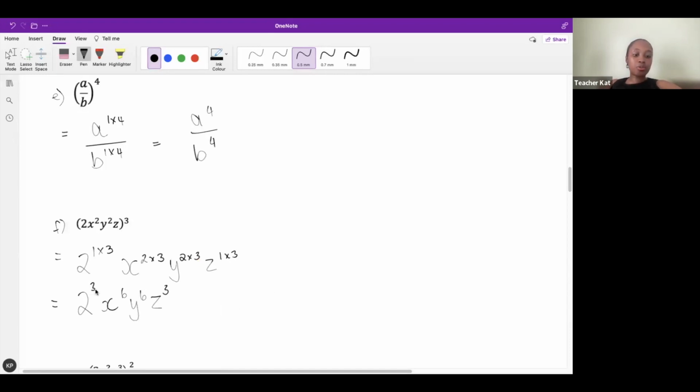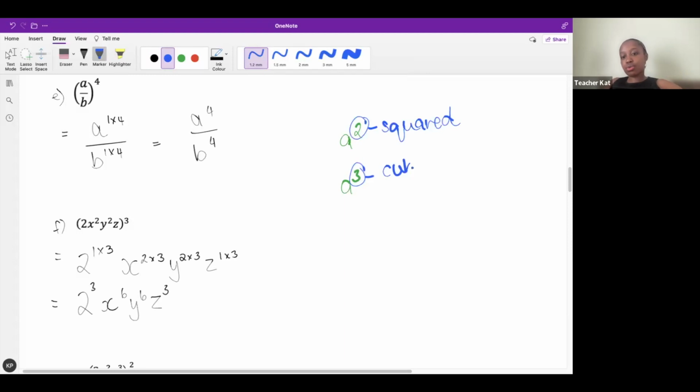2 cubed. Remember, 3 exponent is cubed. I should probably say that. Let me do a note here on the side for us. If I have a to the power of 2 and if I have a to the power of 3. With this one, the 2 is squared, and the 3 is cubed.